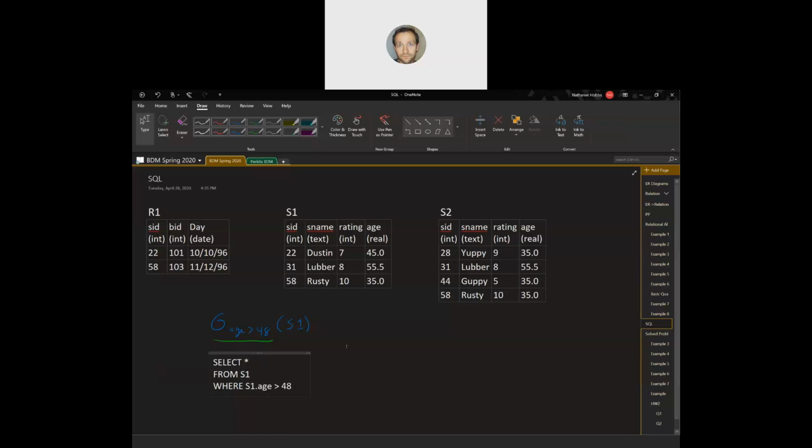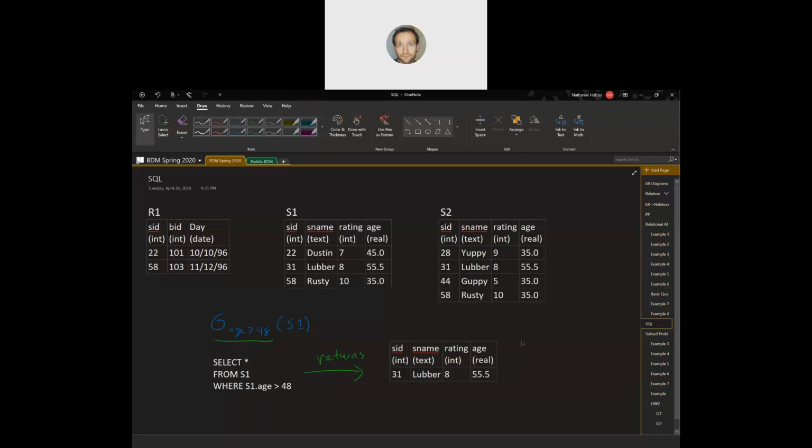Okay, first of all, before I do that, this select statement that I have written here, what would this return? It would actually return this.